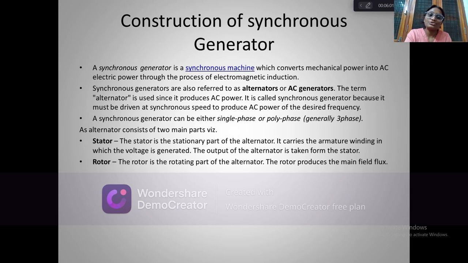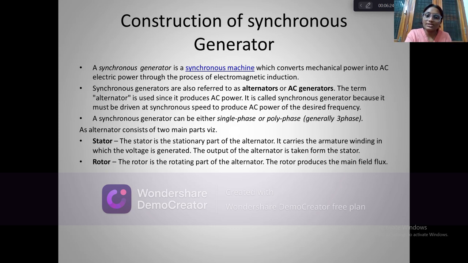When it comes to the construction, a synchronous generator is a synchronous machine which converts mechanical power into AC electric power through the process called electromagnetic induction. It is also called an alternator or AC generator.